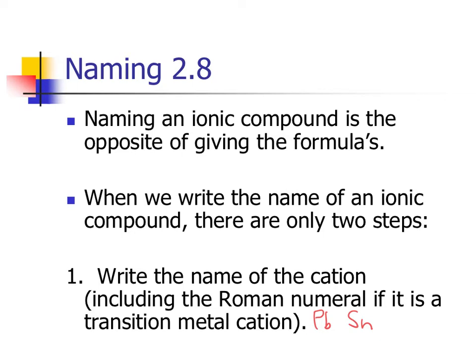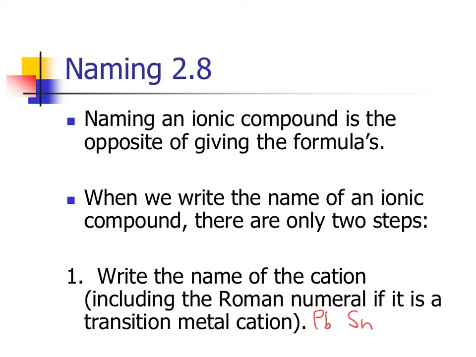So your ability to identify your metals is always going to be important. Being able to look at the symbol, look at your periodic table, and identify the metals from the nonmetals, because this is the biggest part: if it starts with a cation, or a metal more specifically, then it is an ionic compound. If it is a nonmetal, that means it's going to be a covalent compound.